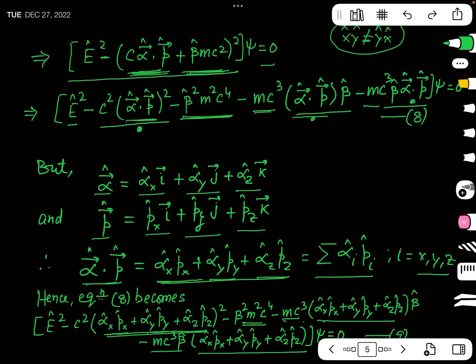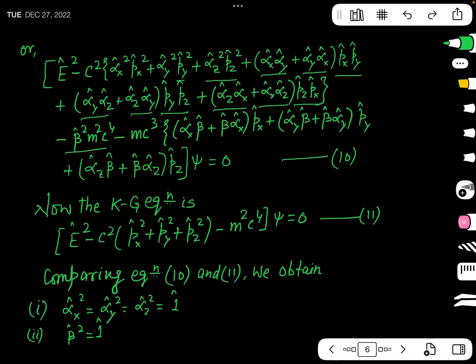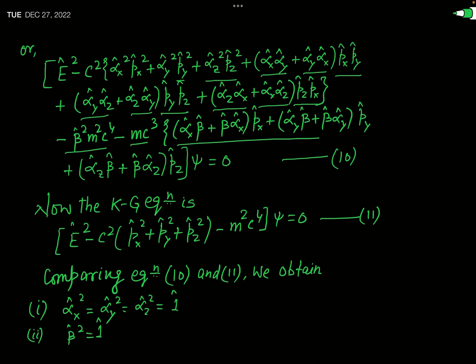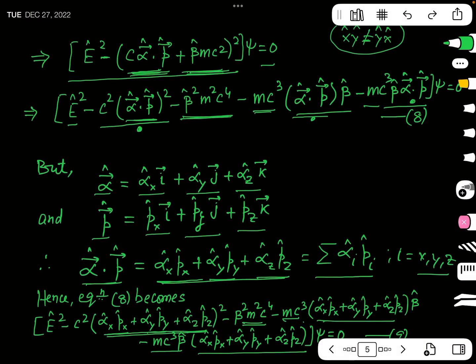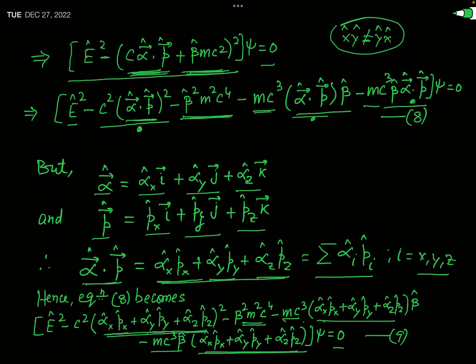So this is minus mc cube this much, which has been simplified a little bit, and plus this much. So this last term has also been simplified.